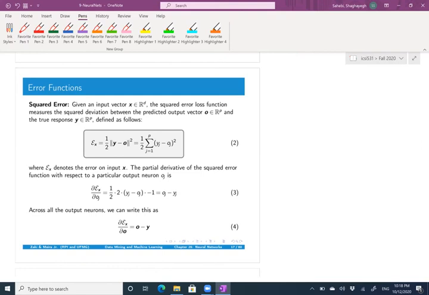And we wanted to find the W's that, based on our data, minimize this loss or error, right? We want to find the W that we have the least amount of error possible.